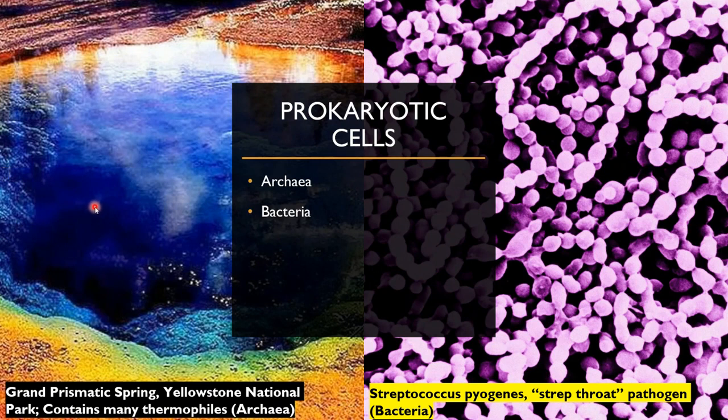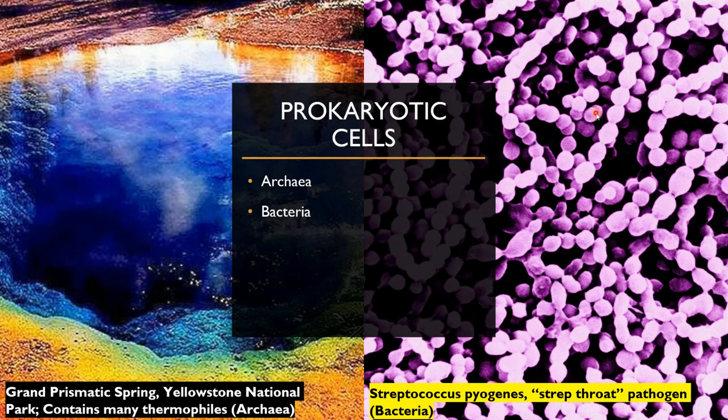So it's a hot spring, and it contains these things called thermophiles. If you look at the picture, you can see the multiple colors that arise from the way that these different bacteria react to the heat. Thermophiles just means that they love heat. These are forms of archaea. I like to think of the archaea domain as the older, primitive prokaryotic cells. If you ever get a chance to go to Yellowstone, it's definitely cool to see and I highly recommend it.